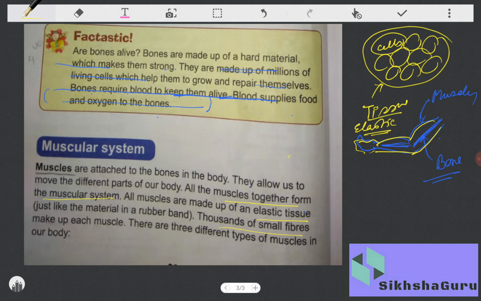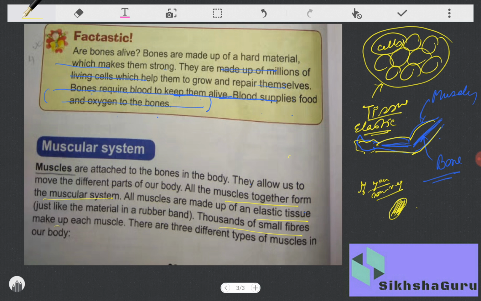Thousands of small fibers make up each muscle. If you have eaten goat meat, if you are non-vegetarian, you will be able to see that lots of fibers are there in the muscles. So these small fibers together comprise the muscle.